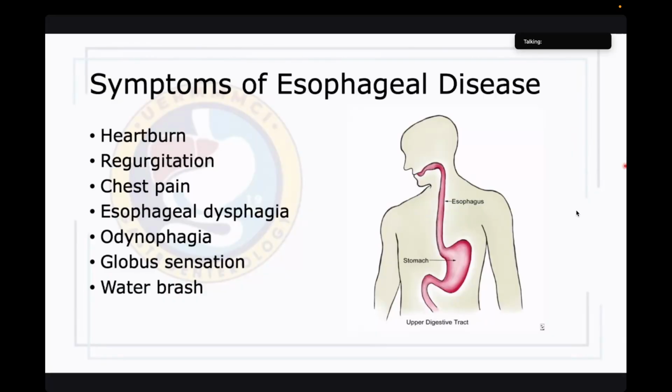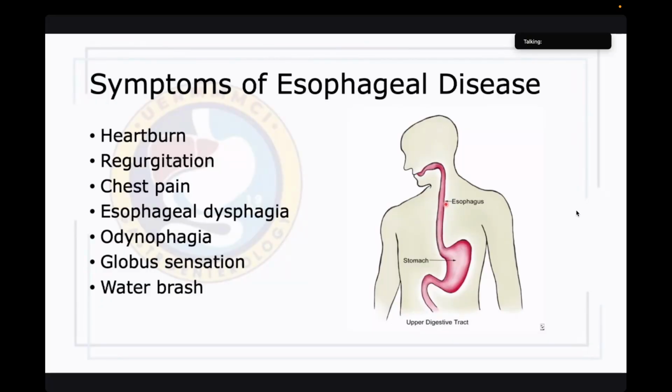Next, we have esophageal dysphagia. This is having that feeling of food sticking or food slowly moving after the initial swallow. When the symptom is dysphagia, it is important to distinguish if the dysphagia is episodic or constant, if it's progressive or static, or if the dysphagia is experienced only for solid foods or for both solids and liquids. This information can help you narrow down your differential diagnosis.